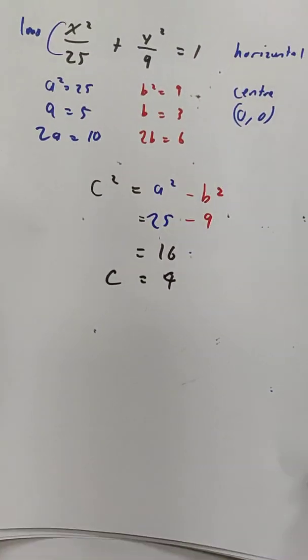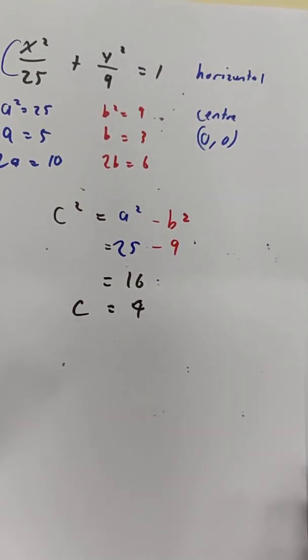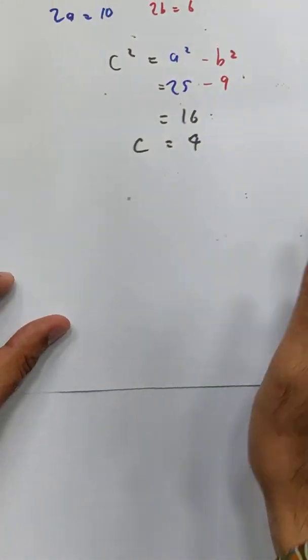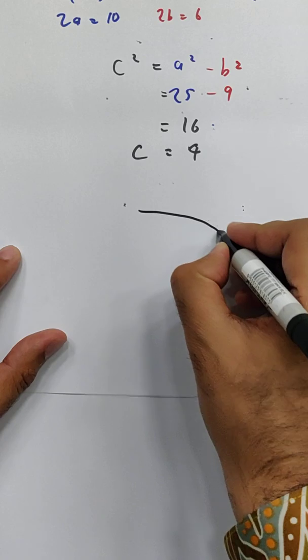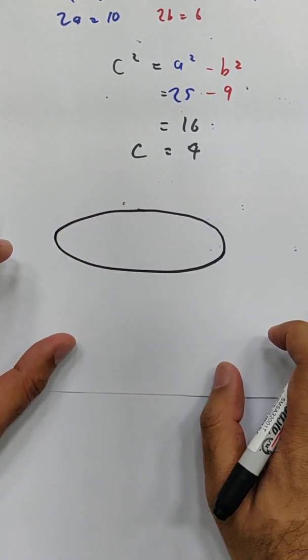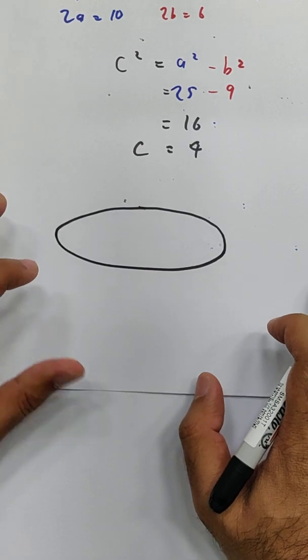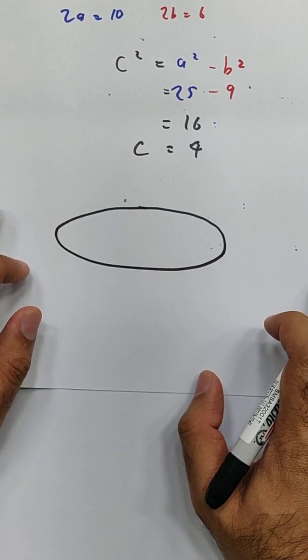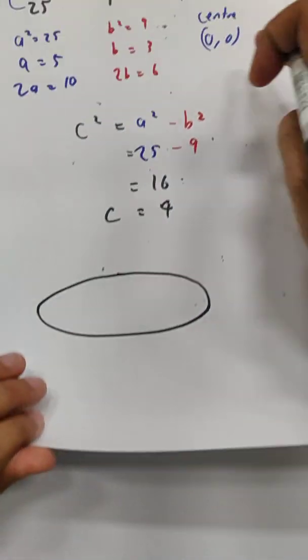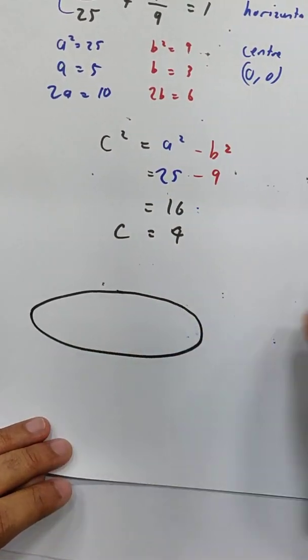Now let's try, using all of this information, to draw the ellipse. Firstly we know it's horizontal. Am I too fast? Or do you want to try it by yourself? Okay, so the center is 0, 0.